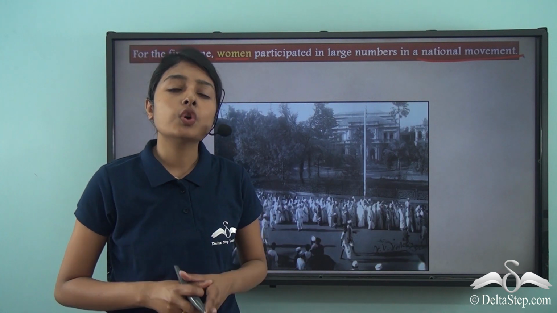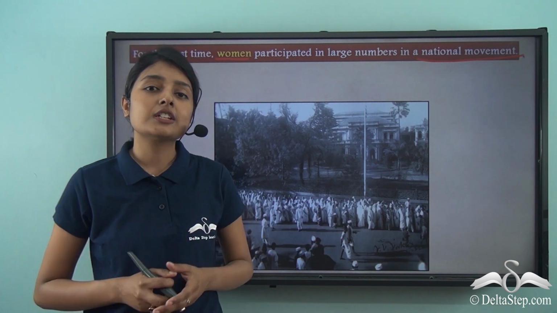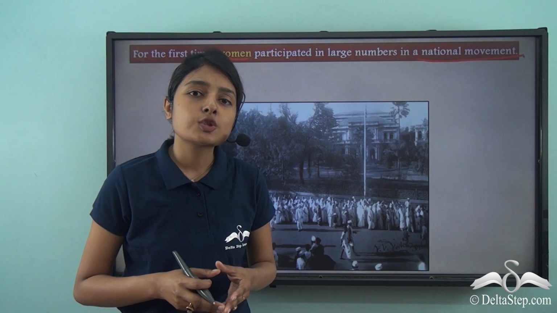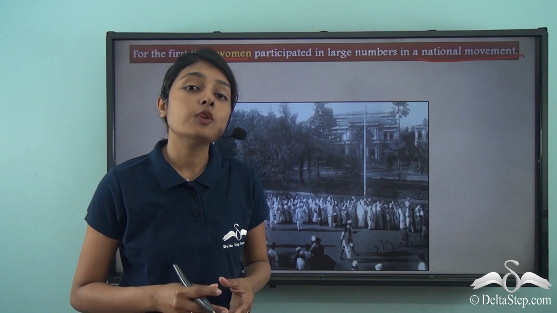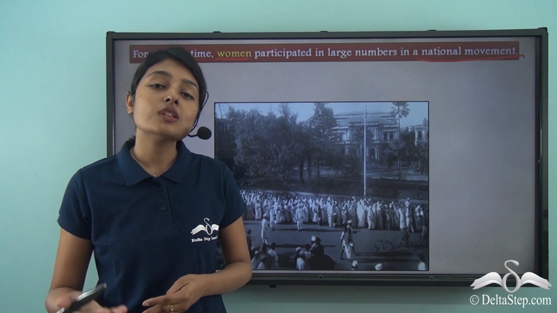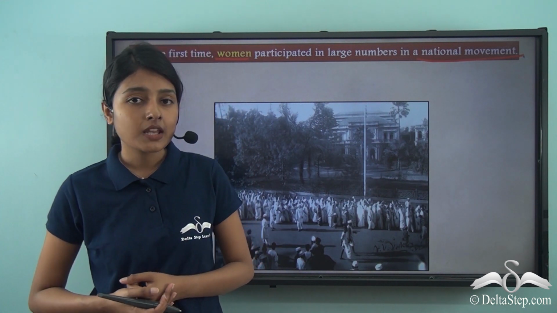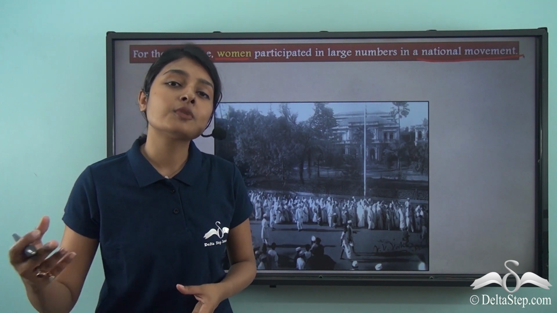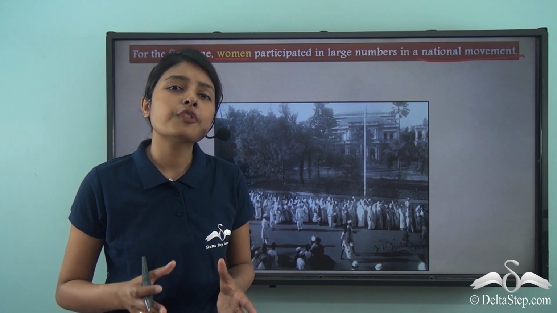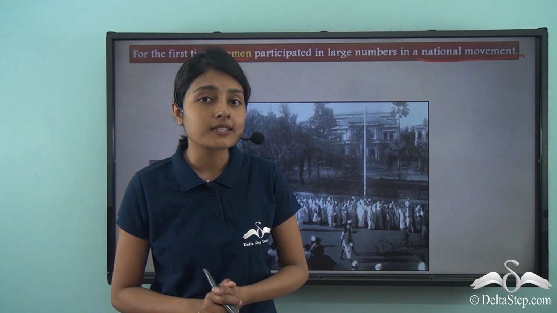So many women were a part of this civil disobedience movement. In fact, when Gandhi undertook the Dandi March, there were many women followers who also undertook this march with him. So it saw participation from women, participation from tribal people, participation from different sections of the society.